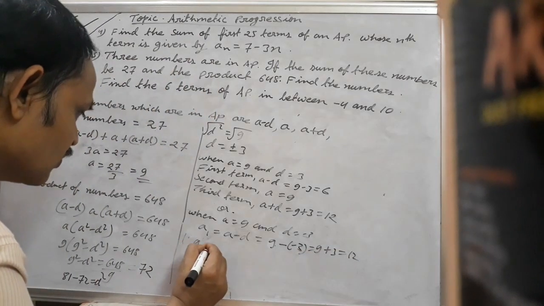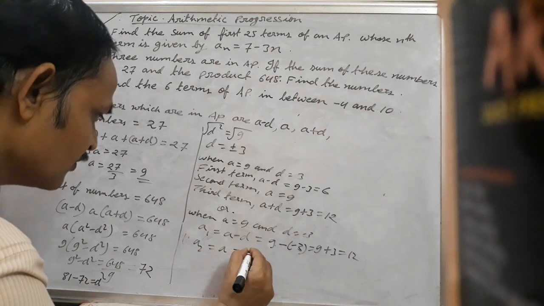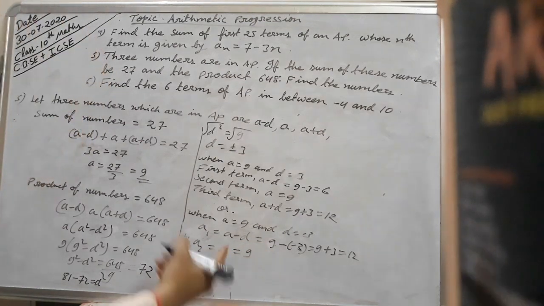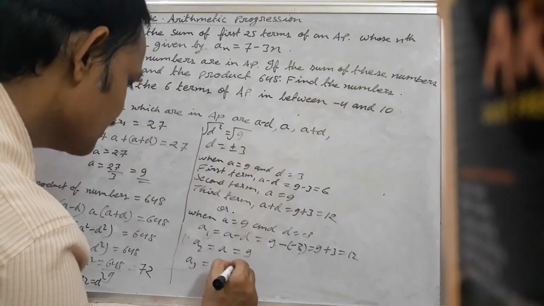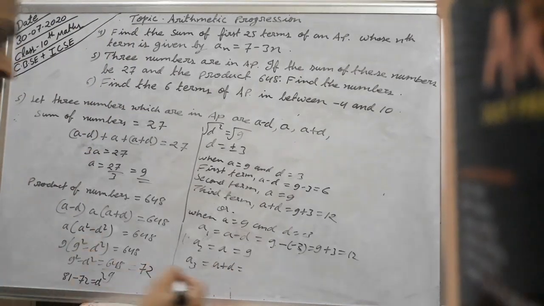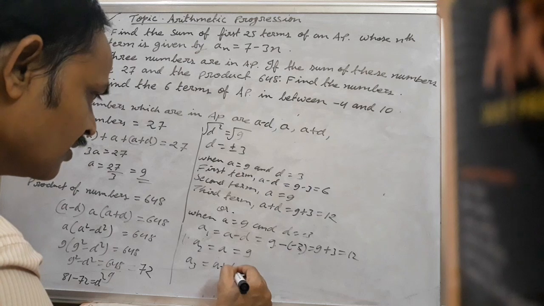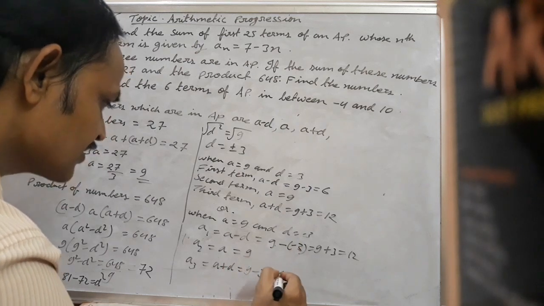Now the second term A2 is A. The value of A is 9. And the third term A3 is A plus D, that is 9 plus D, and the value of D is minus 3. You will get 6.